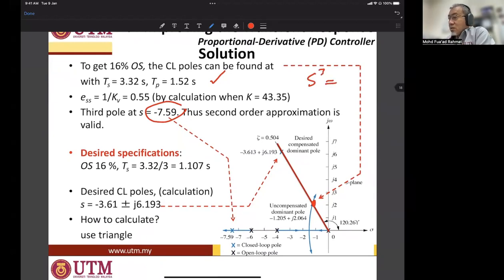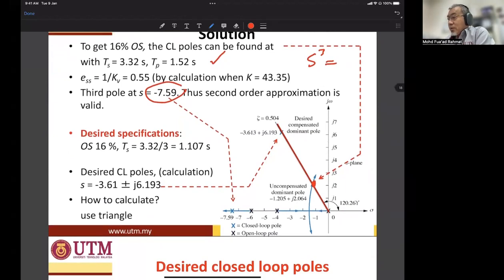The desired spec is that we want a threefold reduction in settling time. So the old settling time Ts of 3.32 needs to be divided by 3, because we want a threefold reduction. That's why we get 1.107. Why 3?